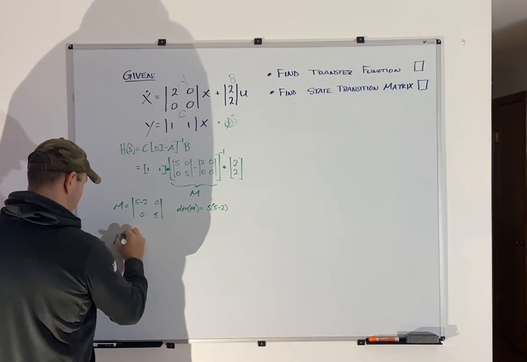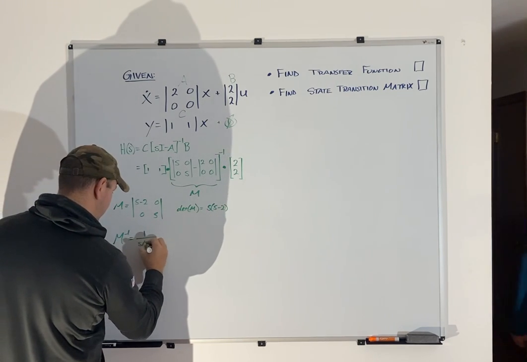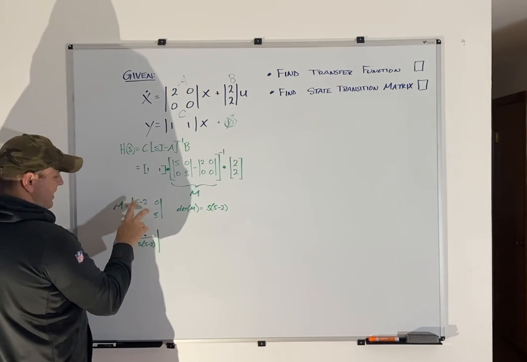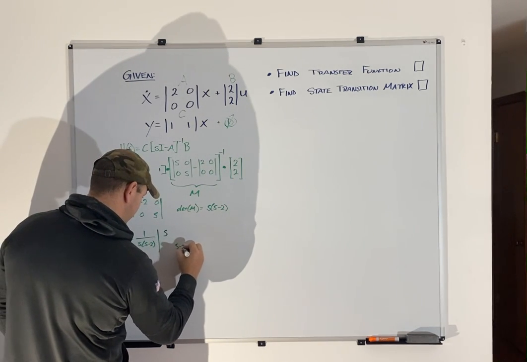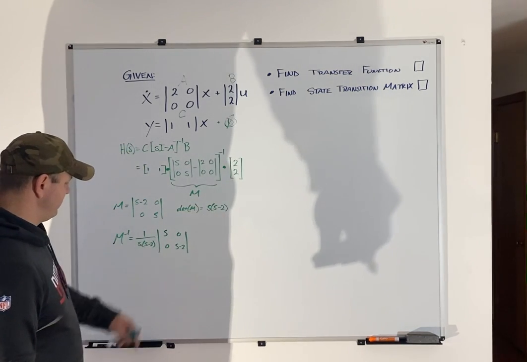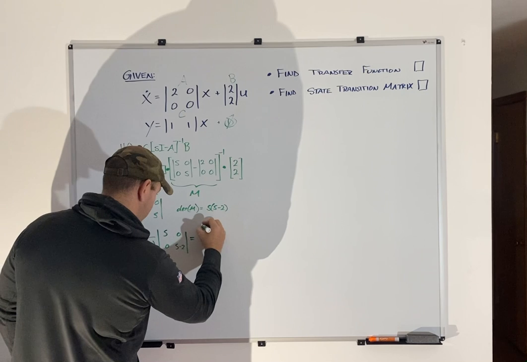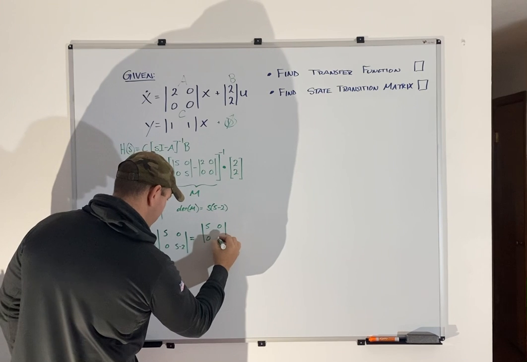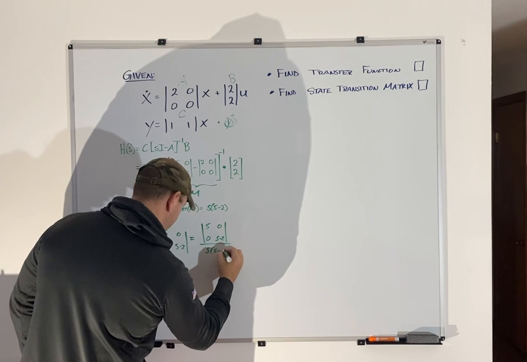And now to solve for M inverse, I'm going to do 1 over the determinant, which is S times S minus 2, times the adjugate of this. So we're going to flip the diagonal entries. So it's going to be S minus 2, 0, 0. And now we can also write this as S, 0, 0, S minus 2 divided by S times S minus 2.